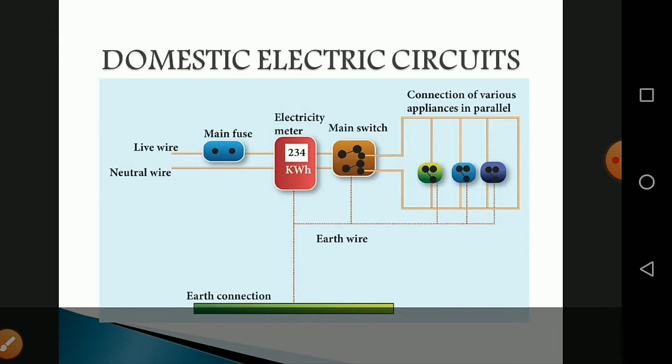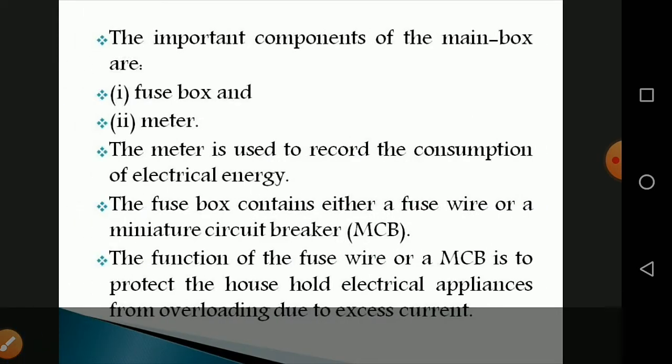In our homes, electricity is distributed through the domestic circuit wires by electricians. The first stage of the domestic circuit is to bring the power supply to the main box from a distribution panel, such as a transformer. The important components of the main box are the fuse box and the meter.